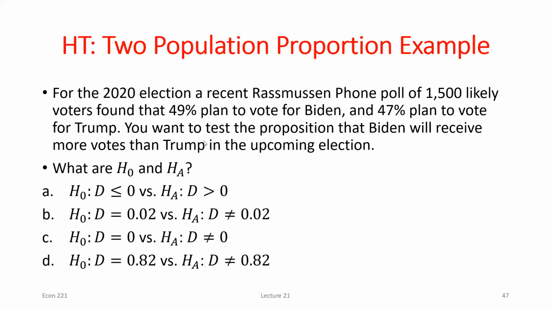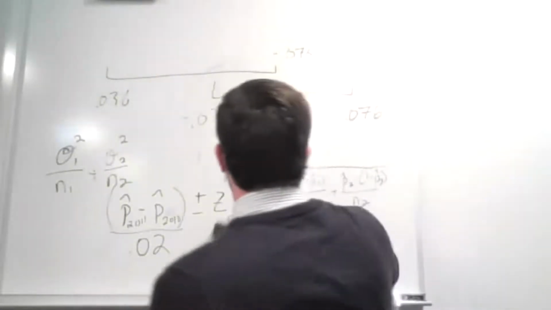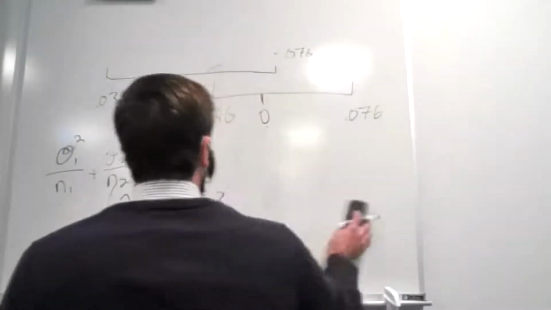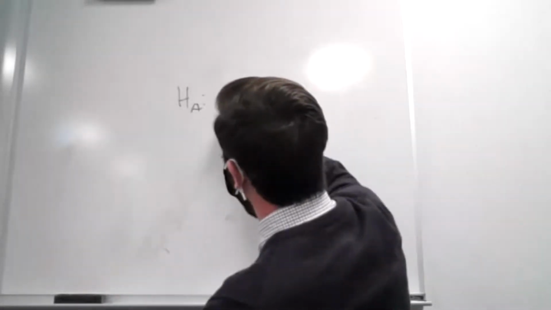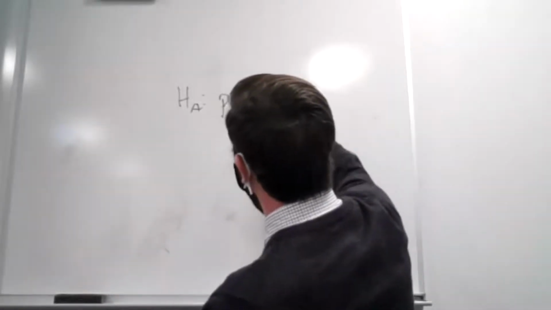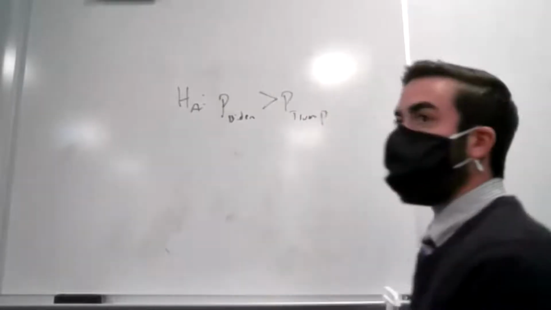Before we think about this as a difference, I want to know if Biden is going to get a higher proportion of the vote than Trump. This is just to predict the popular vote; we're not trying to predict the outcome of the election necessarily. What I want to test is that the population proportion for Biden is greater than that of Trump.